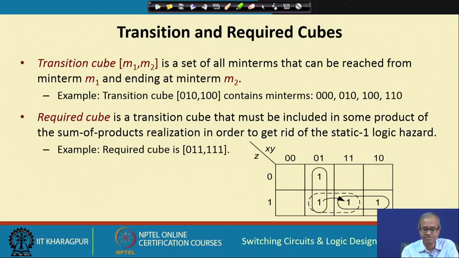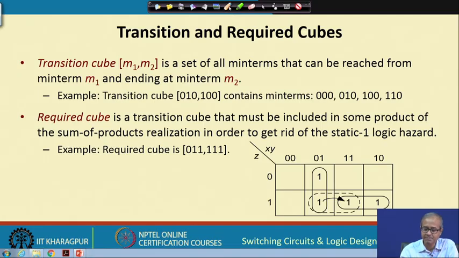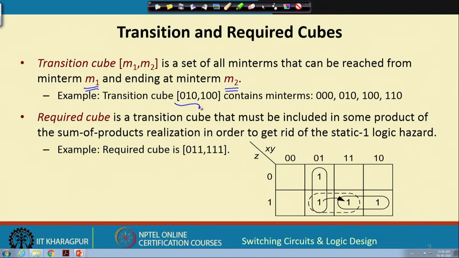There is something called transition cube and required cube. Let us see. A transition cube is defined with respect to two minterms m 1 and m 2. This refers to the set of all minterms that can be reached from m 1 up to m 2. Let us take an example.